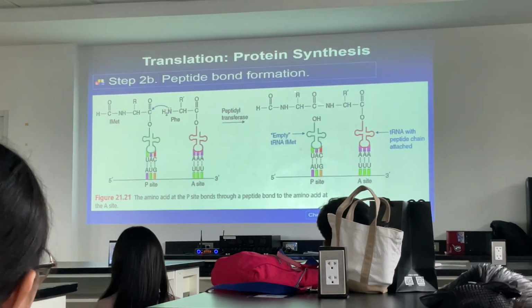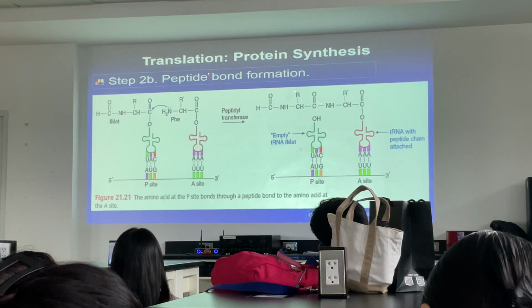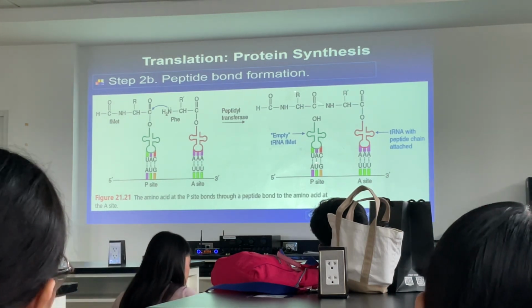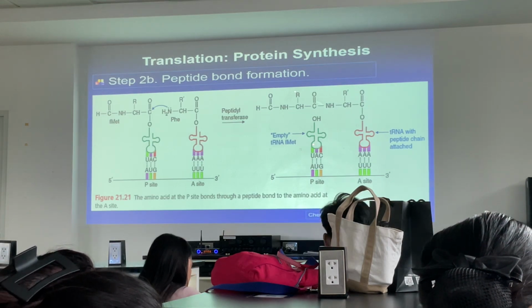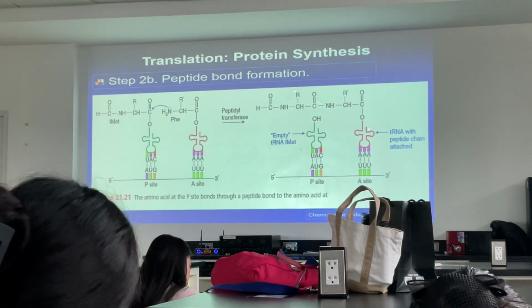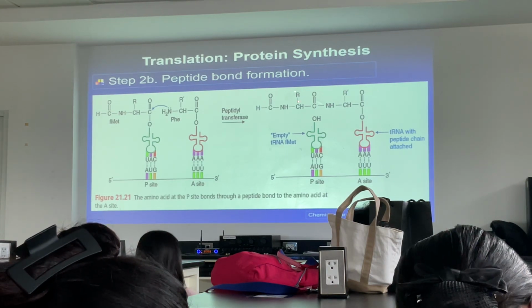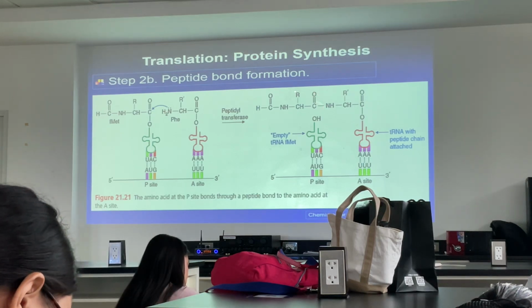So what will happen next after peptide bond formation? This becomes empty. There's an empty tRNA at the E site, while at the P site you have the tRNA attached to it are 2 amino acids bonded together by a peptide bond.